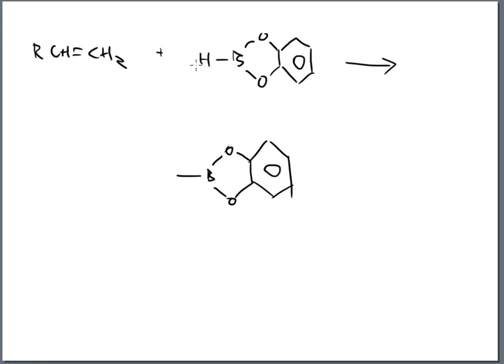This boron that had a hydrogen to it is just simply going to be connected to this CH2 double bond CH. That's really all that it is, except the reaction kind of has to happen here. We've got to clean this up. We can't have 2 hydrogens, 2 bonds to the left, and a bond to the boron. It's not going to work. So there is a reaction that takes place here.